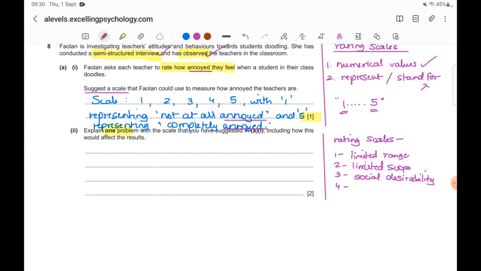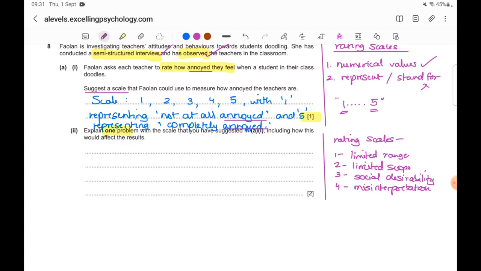Besides that, there could be a problem of misunderstanding or misinterpretation. Like the wording, we are saying it's ranging from not at all annoyed to completely annoyed. When we present a rating scale like this, teachers might not relate to what extent we are indicating by the numbers.